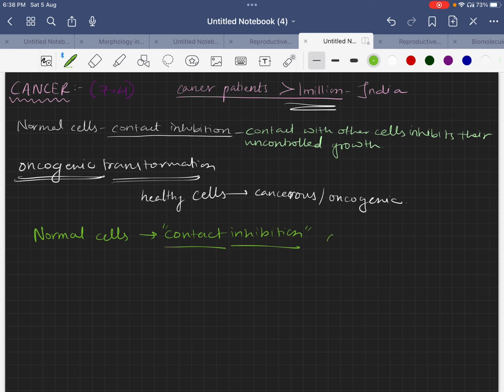This cell is touching this cell, and these cells will stop growing. When a cell is divided into two parts, these cells get in contact with these cells, and so there's a limit to that.